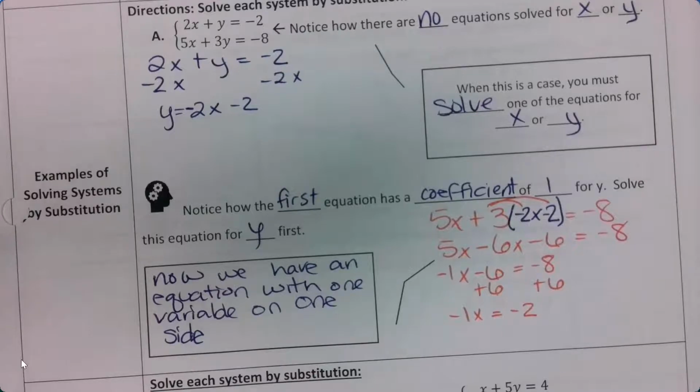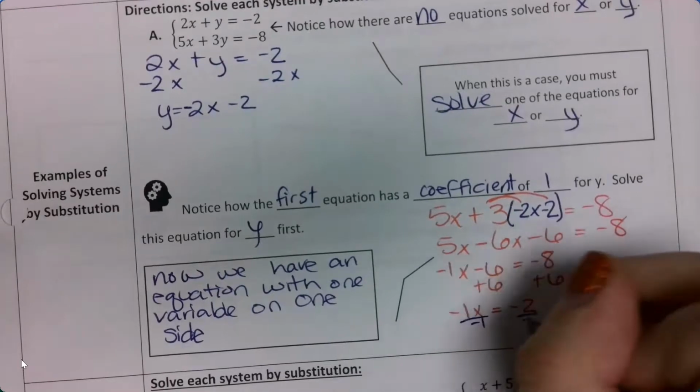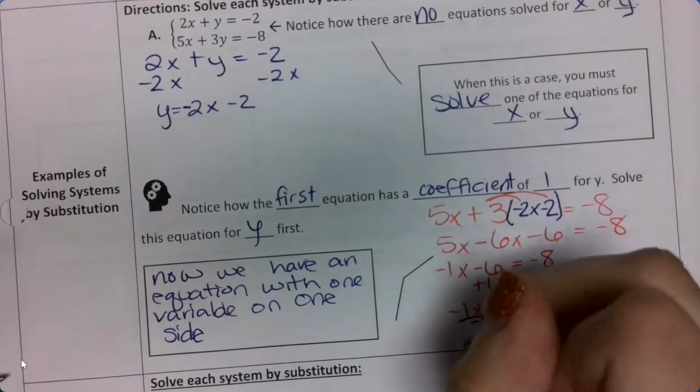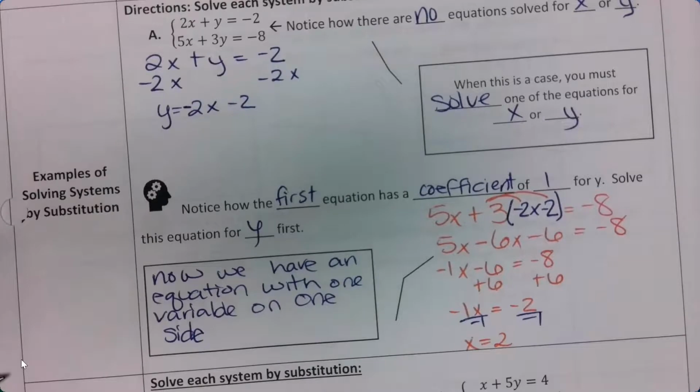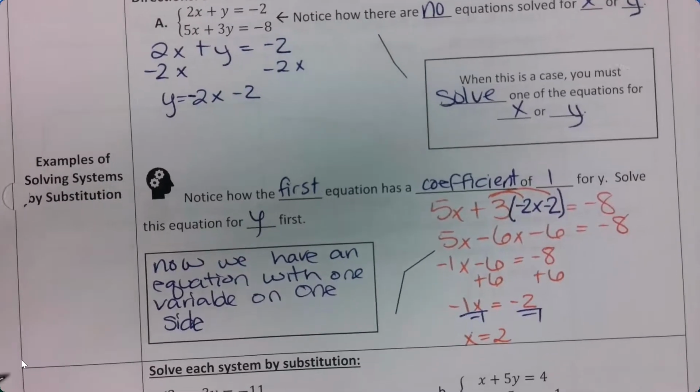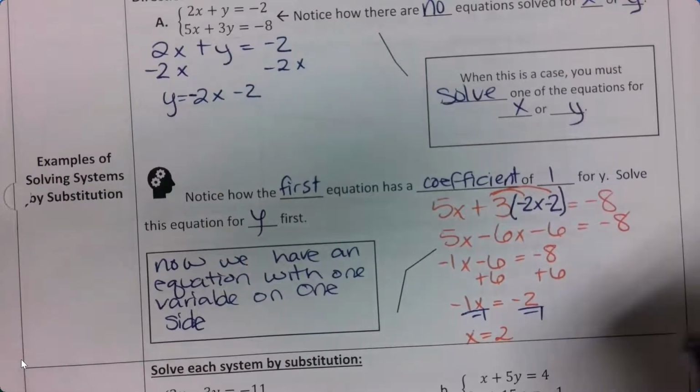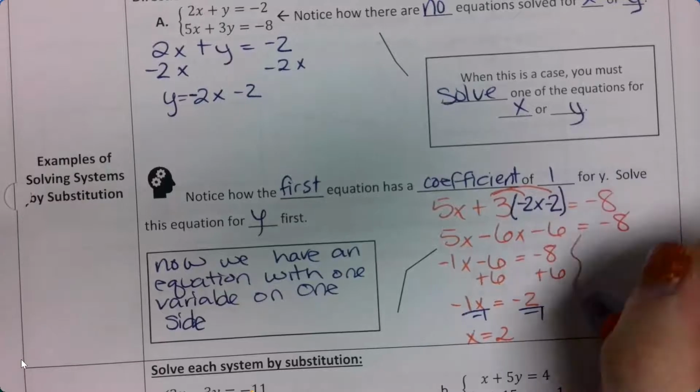Okay, and then my final step. So I get x equals positive 2. Am I done? I have to solve for y. When I'm solving systems, I should always get a coordinate point as my answer.